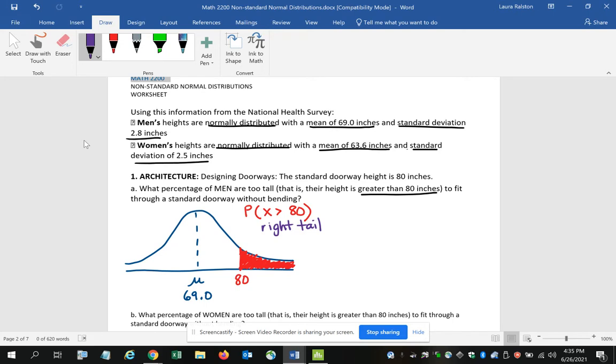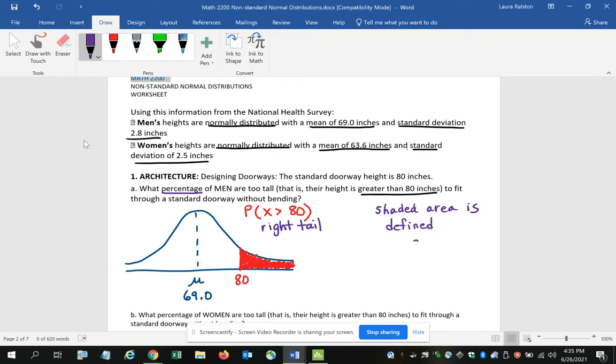The other clue that I have here is that I'm looking for the percentage, or I'm trying to find the probability. So when I go to the Minitab command, I have to determine how the shaded area is defined. Because I'm looking for the probability, this shaded area was defined by the given value of 80.